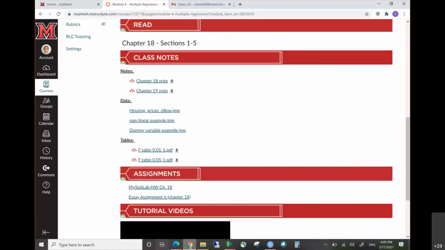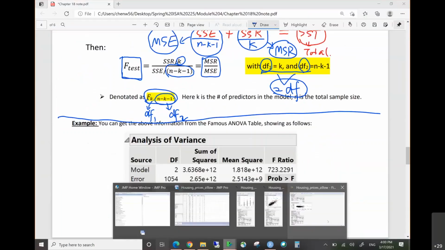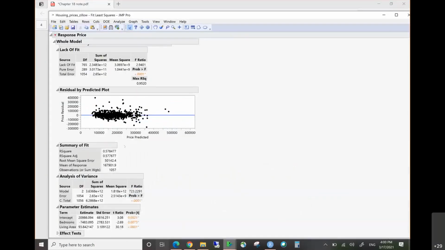In our regression with the number of bedrooms and the living area, the first table is the summary of fit, which tells us how good the model is. The last table has the detailed estimates and their standard errors, and the t-test statistics for each coefficient.